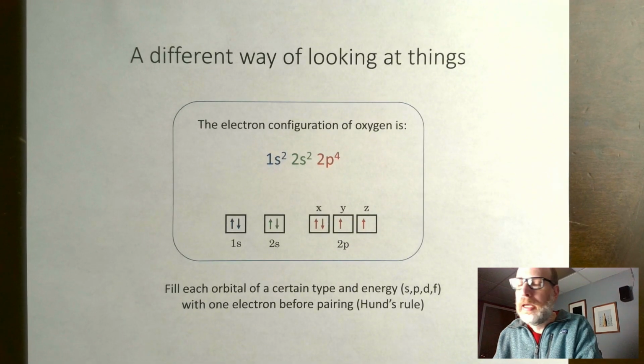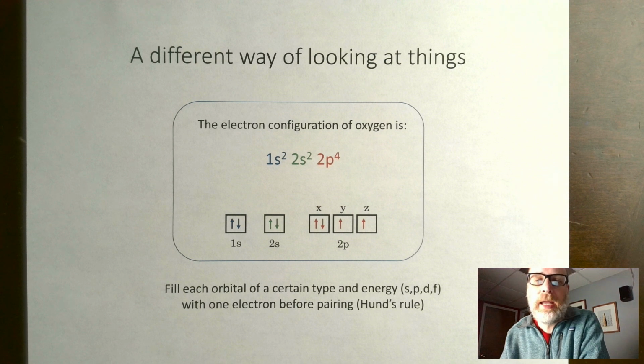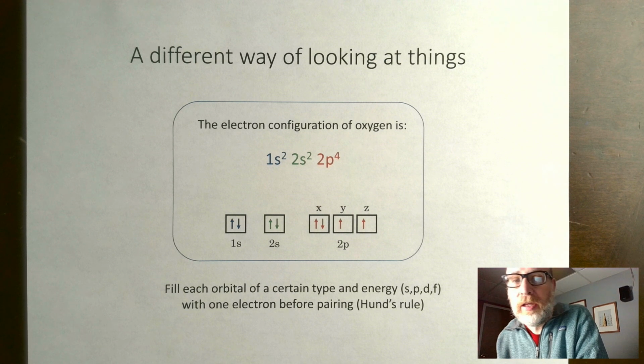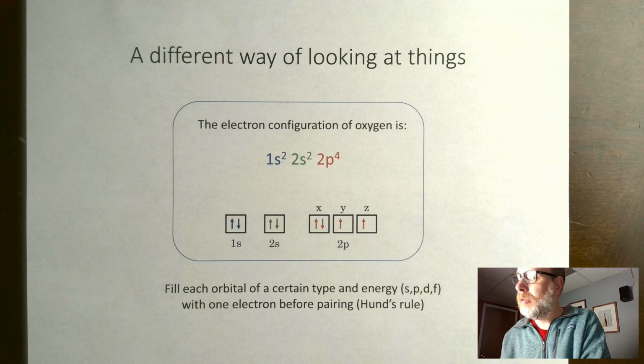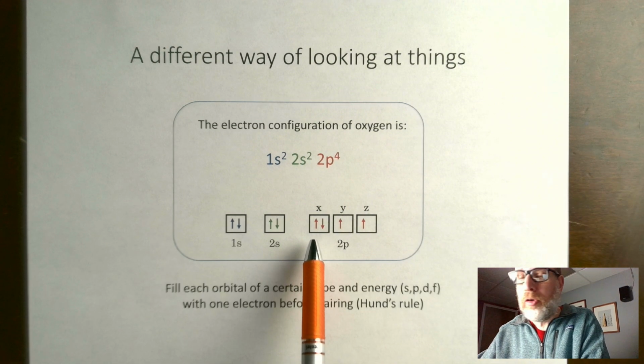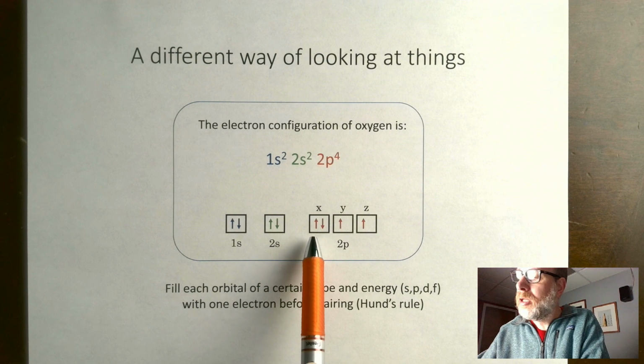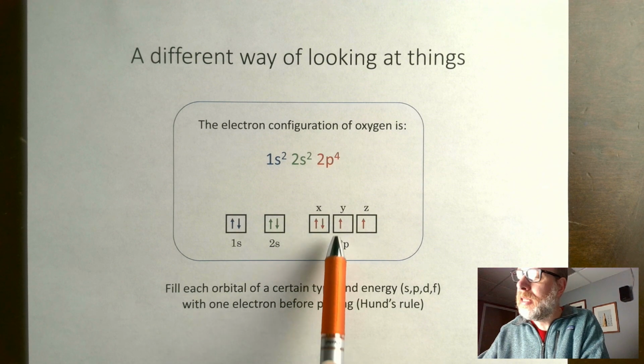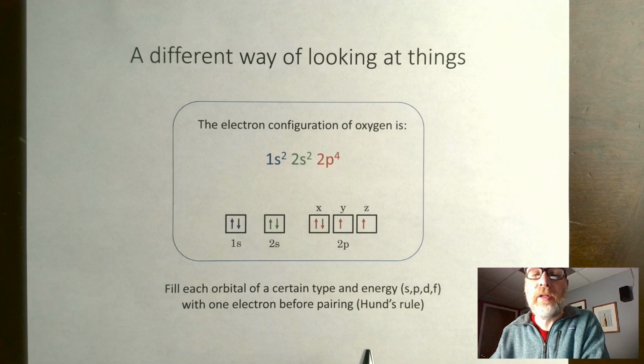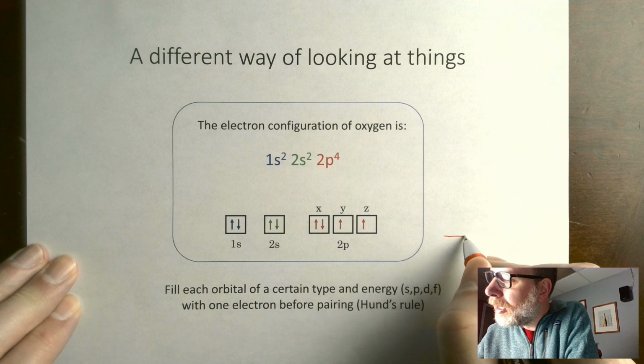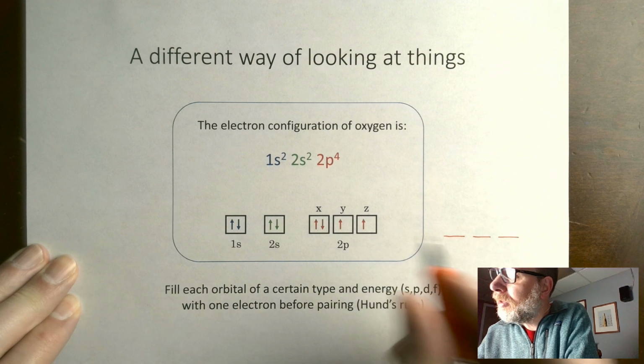Now this is going to be a strange way in which these electrons fill into these orbitals. So what we're going to do is say for the 2px, it's going to fill spin up. And then for the 2py, it's going to fill spin up. And then the 2pz, it's going to fill spin up. I'm actually going to write this out so that you can see it, and we're going to end up with the same thing.